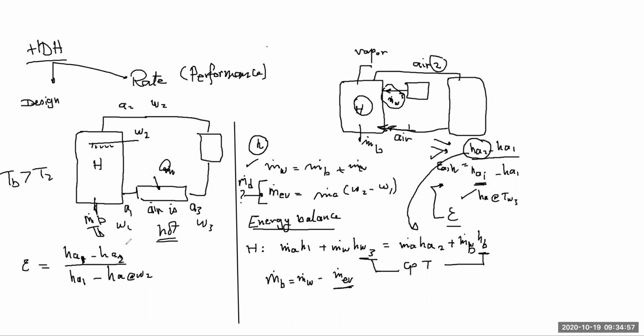Again, when you're looking at the effectiveness, you are looking at the actual enthalpy difference of the fluid that you are considering divided by the maximum difference. If the air is being heated, I look for the maximum temperature in the unit here, and I'm going to consider the enthalpy of air there.